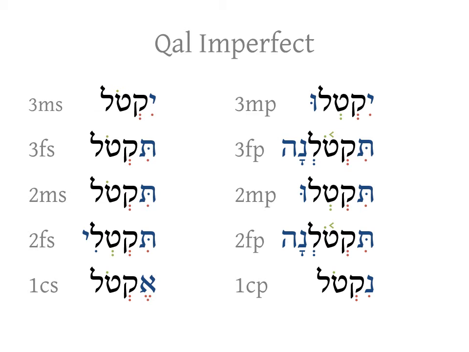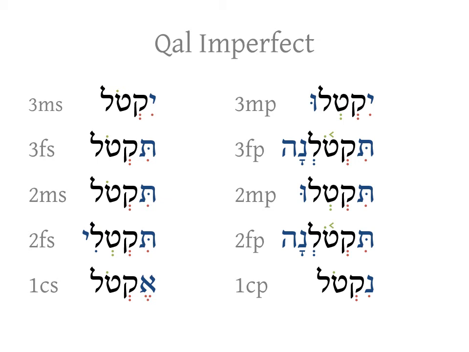Now, remember here, the black letters are the verbal root, and this will change from one verb to the next. The blue letters and vowels are the prefixed consonants and the endings. These will not change ever. They will appear in all imperfects in all stems.